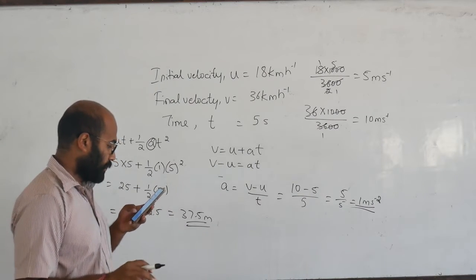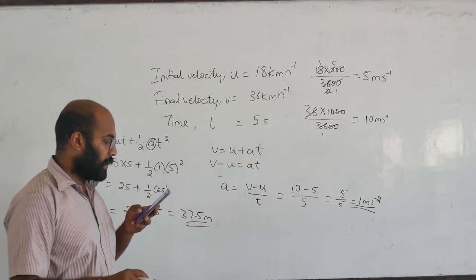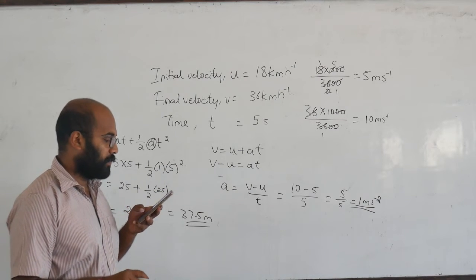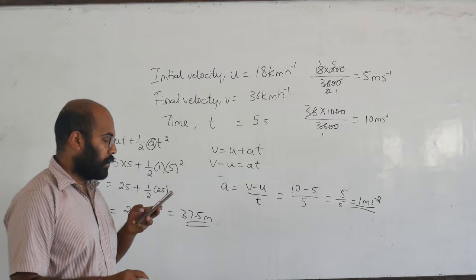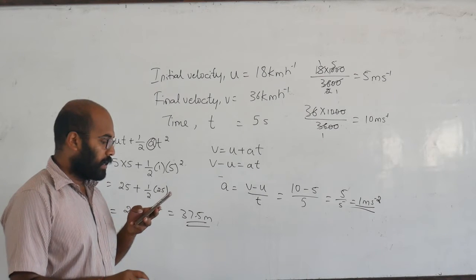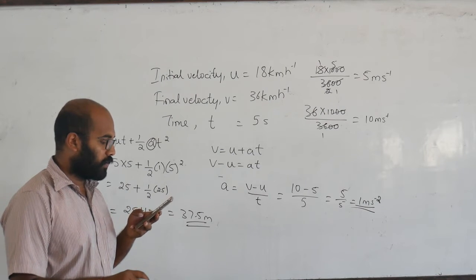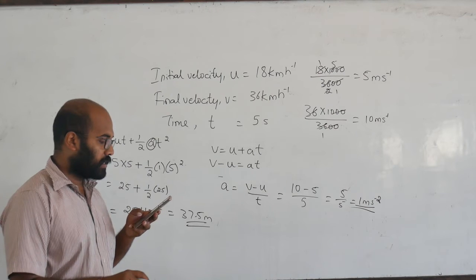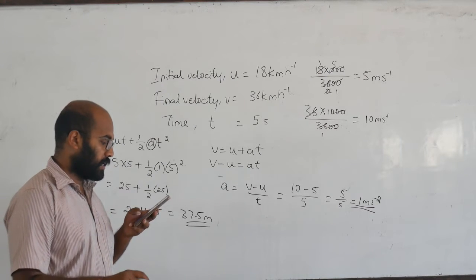Next, the brakes applied to a car, example 8.7. The brakes applied to a car produce an acceleration of 6 meter per second square in the opposite direction to the motion. If the car takes 2 seconds to stop after application of brakes, calculate the distance it travels during this time.